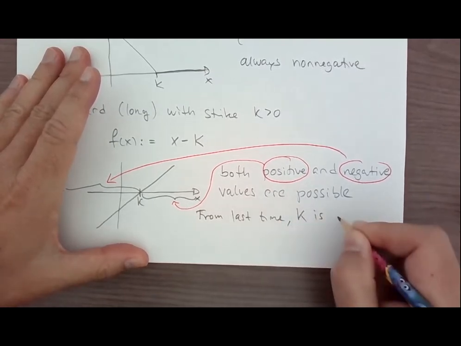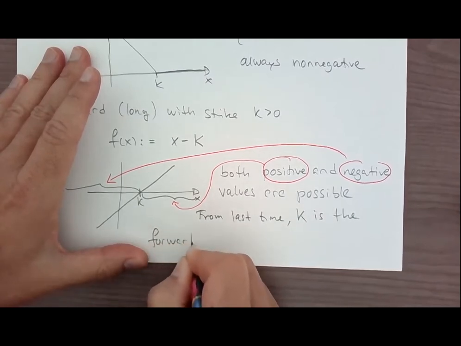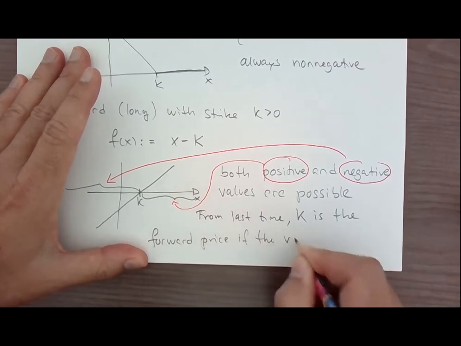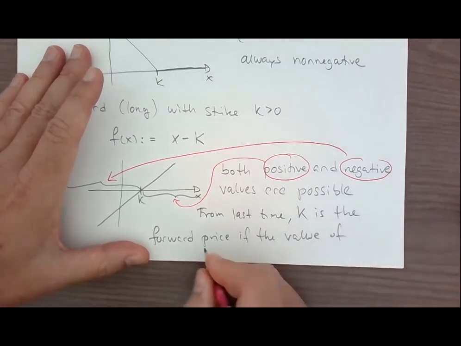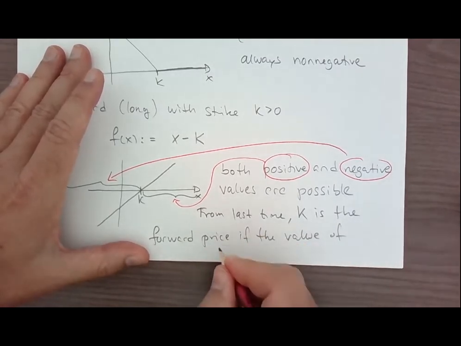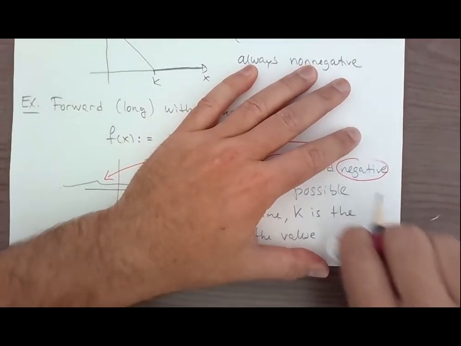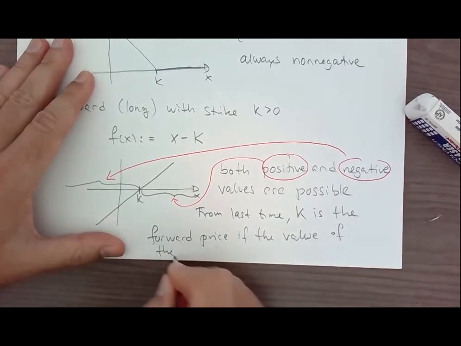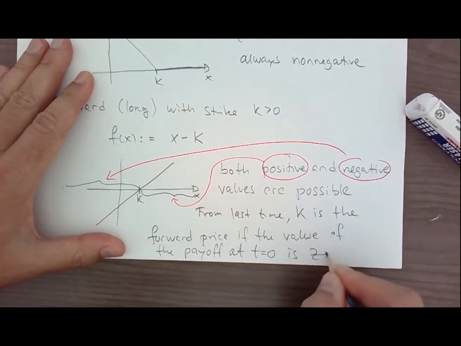K is the forward price if the value of the payoff at time 0 is 0.